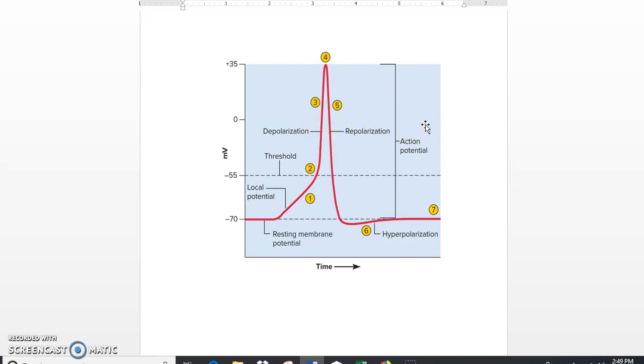One very important concept to understand is the sodium-potassium pump. If you think about it, if all the sodium goes inside the cell, eventually the cell will run out of sodium to go in. If the potassium goes out of the cell, then eventually the cell will run out of potassium to go outside the cell. So how do you reestablish this potassium back in here, and how do you take out the sodium from inside the cell?